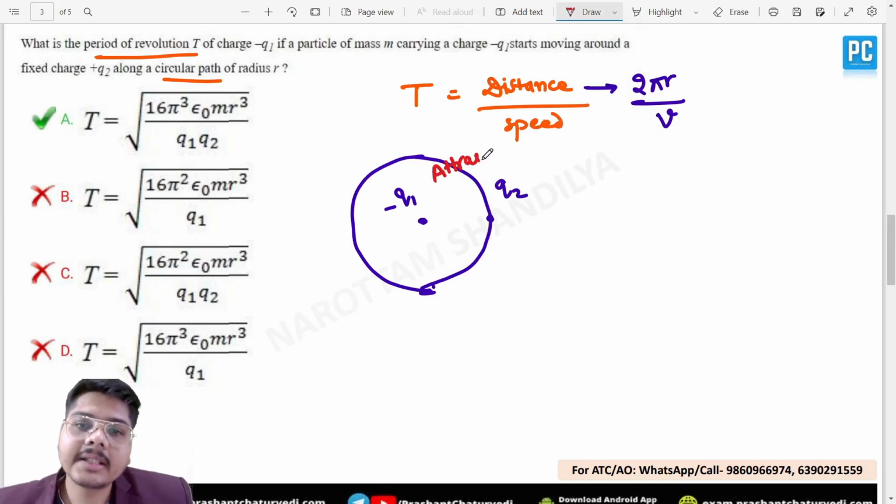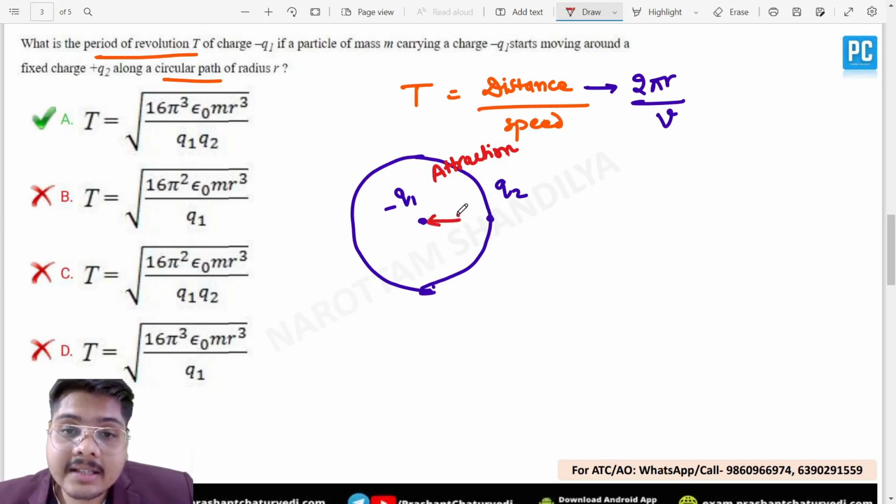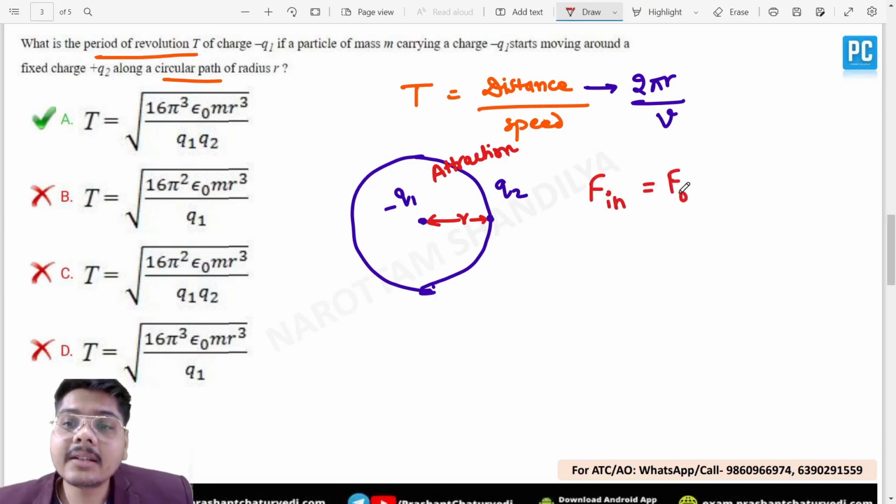Yes or no? There will be an attraction. But one more thing: if something is in circular motion and the radius is constant everywhere around the whole circular path, then if the radius is not changing, that means the net inward force is equal to the net outward force. That is the actual basics of circular motion.